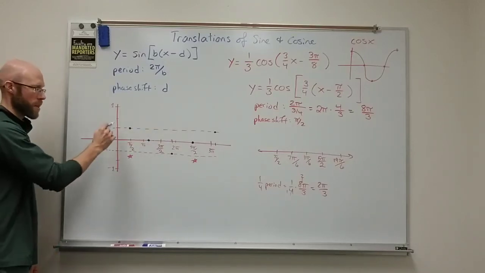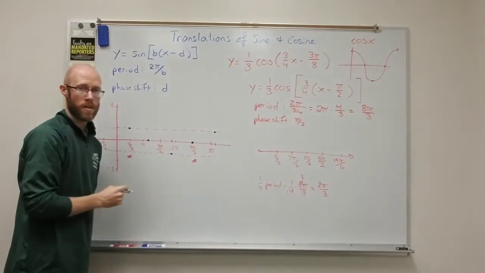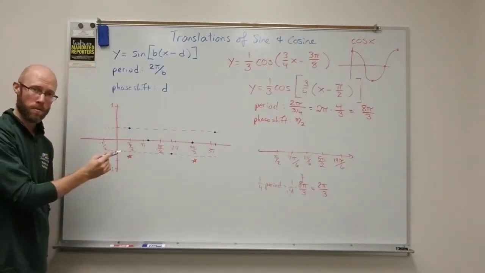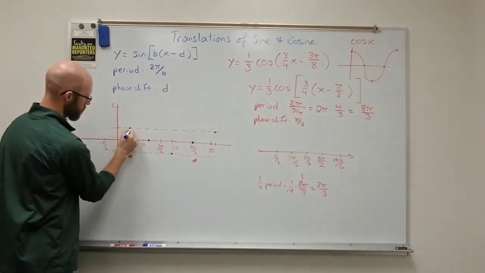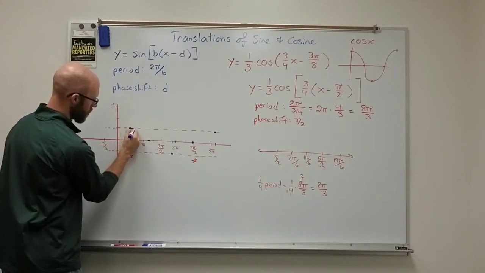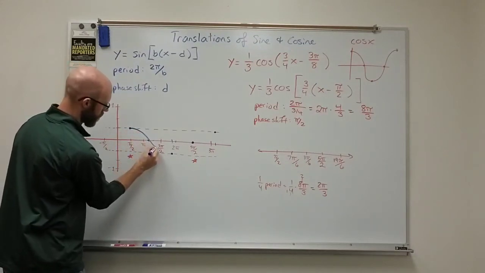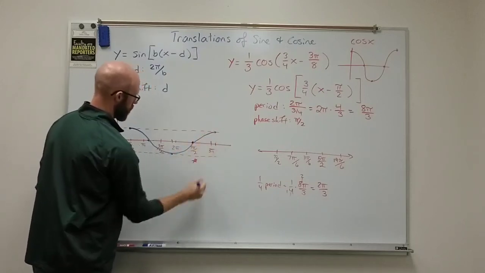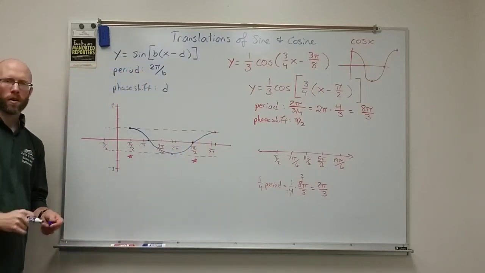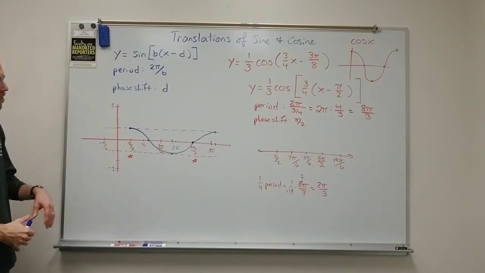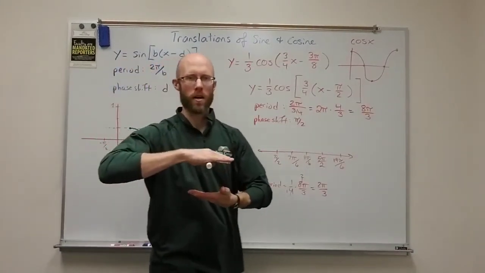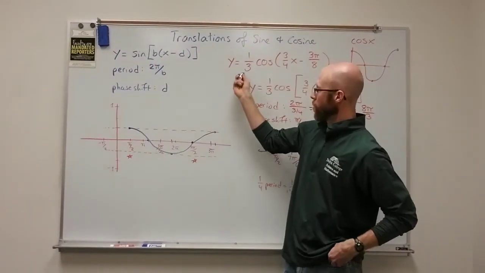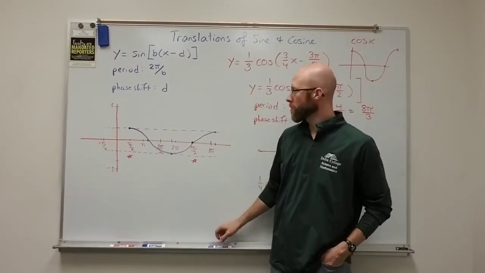And remember, it almost looks like a V shape if I just fill them in, but I don't want to do that. I want it to be curved. So I'm going to start up the top here, curve down, through the bottom, back up. It's kind of wide, but that will work, okay? It looks kind of wide because really it's compressed by that 1/3 amplitude.